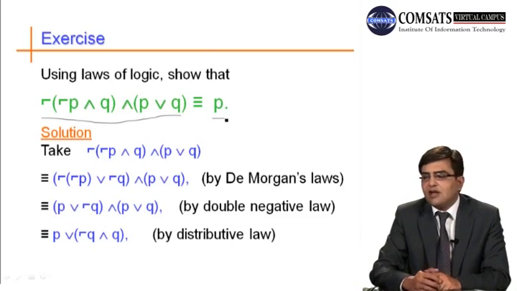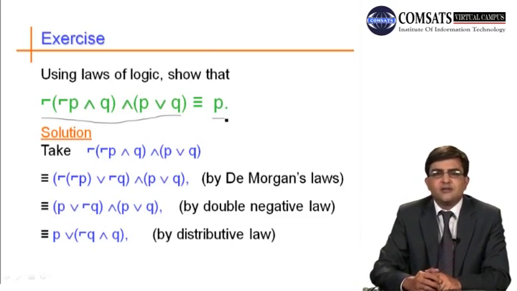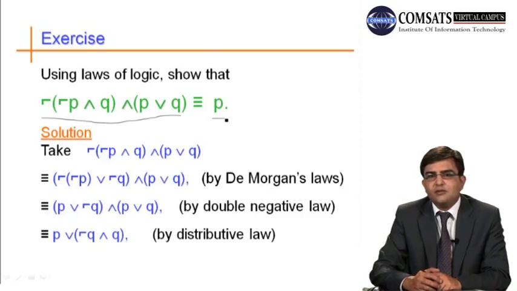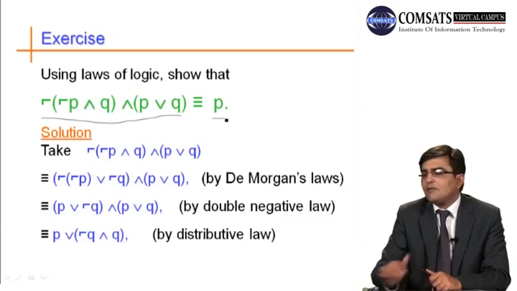The first, which we have studied, is by using truth tables, to prove whether two compound propositions are equivalent or not. The second method is to use rules of logic.